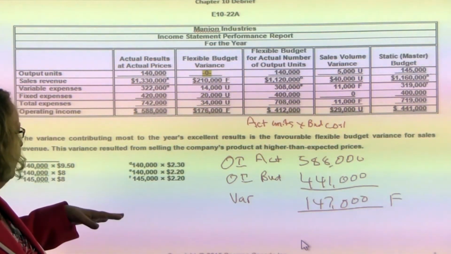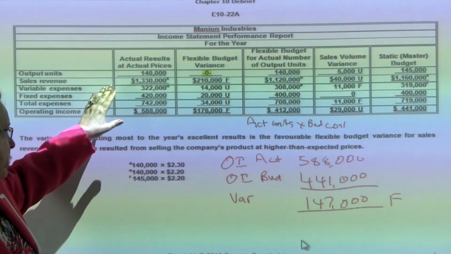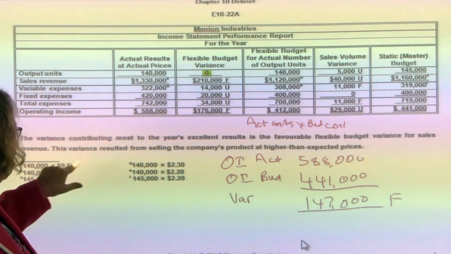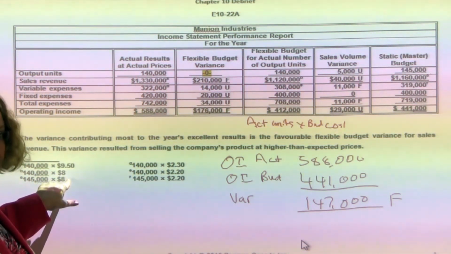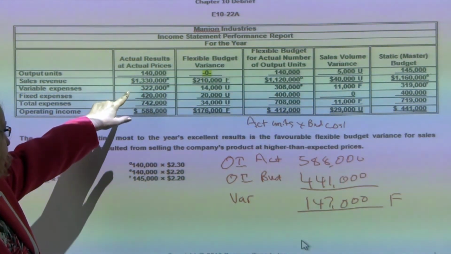So the first thing we'll do then is look at our actual results, which is 140,000 units sold, and you sold them at $9.50 each. So you sold them for a higher price. That's how you're coming up with the 1,330.